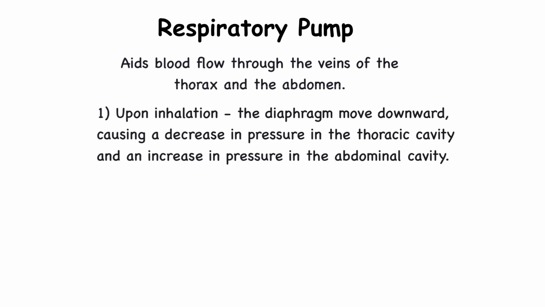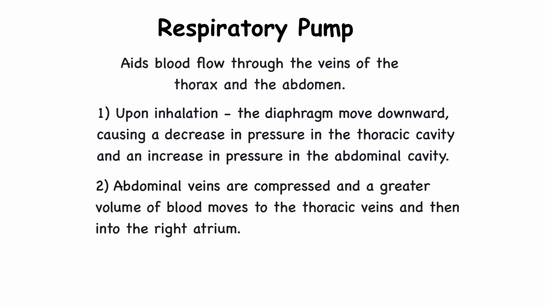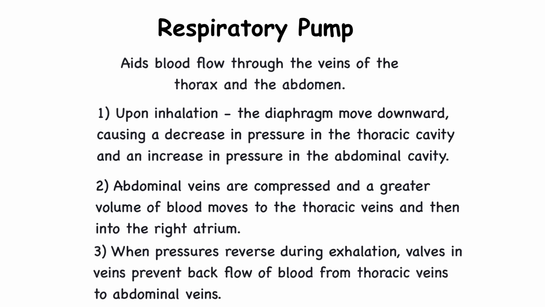Then the abdominal veins are compressed, and a greater volume of blood moves to the thoracic veins and then into the right atrium of the heart. When pressures reverse during exhalation, valves in veins prevent backflow of blood from thoracic veins to abdominal veins.